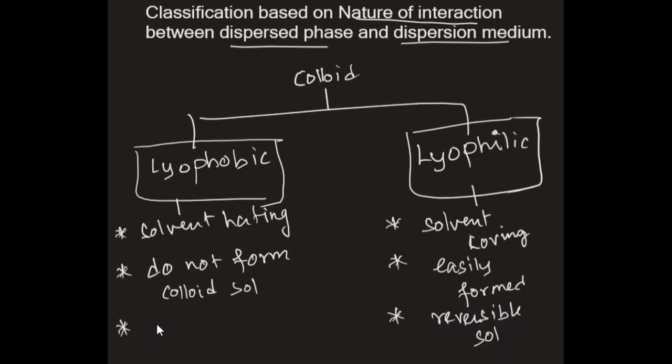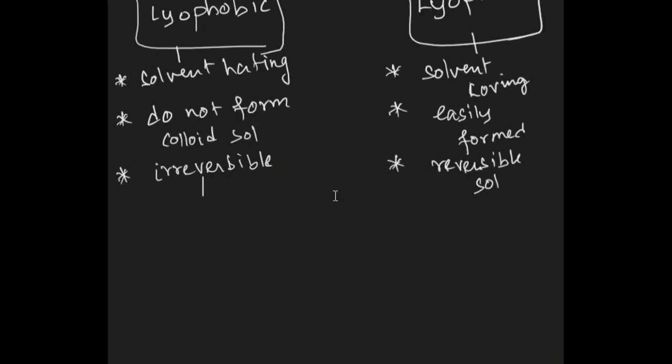Whereas once it is dispersed, and as I already mentioned, it needs sophisticated tool also. So this is irreversible, otherwise it becomes irreversible sol. So it needs some special technique, special method to make colloidal sol.